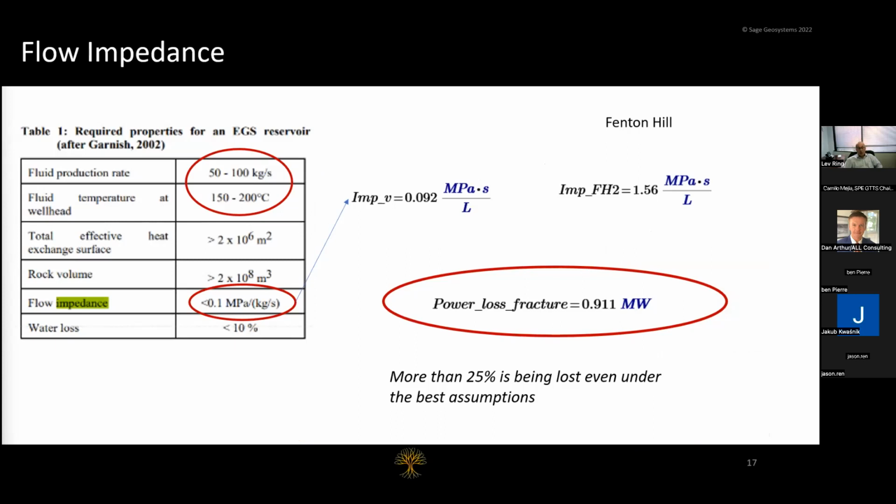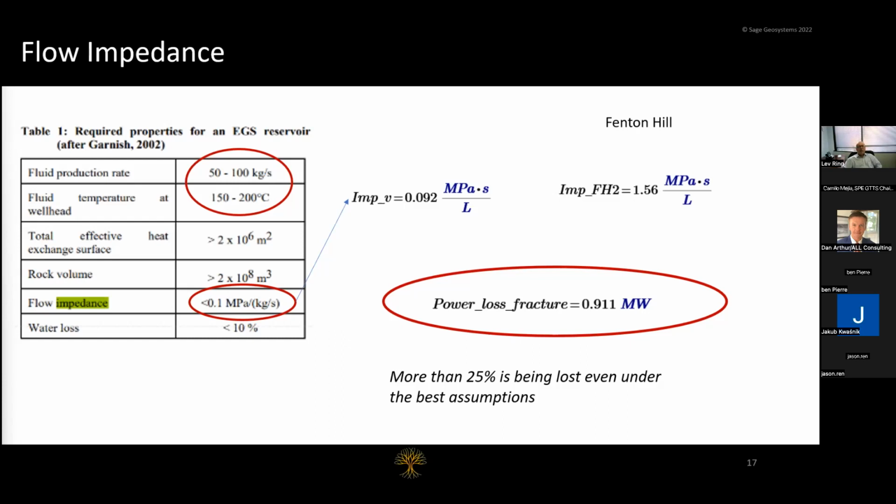Actually, more than 20 years ago, people correctly calculated what the minimum impedance should be to be able to generate positive returns. Unfortunately, if you look at Fenton Hill, the actual impedance was 10 times larger.